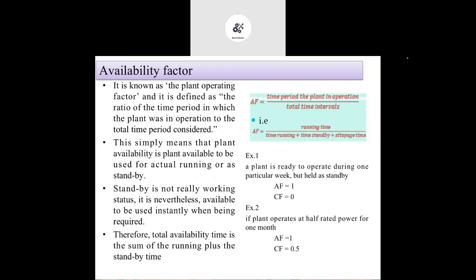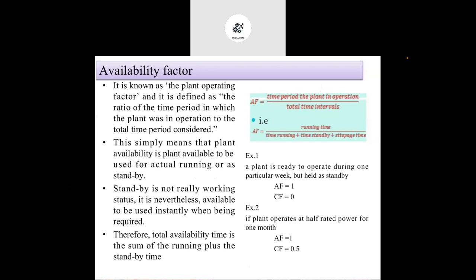So we have to subtract the standby time and the stoppage time from this total time interval. That will give you the time period for which the plant is in operation. Whenever we take the ratio of these two time periods, it is called the availability factor.